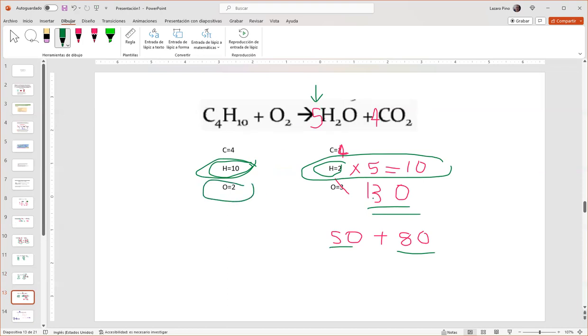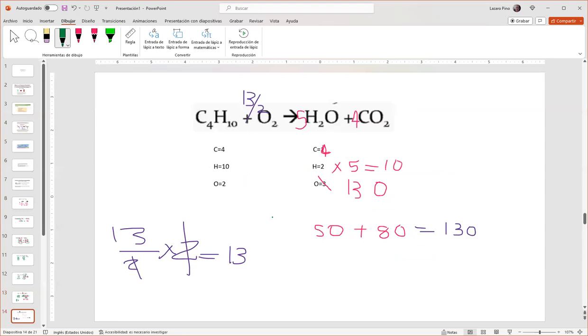Well, this number is a very difficult one because it cannot be divided by 2. So the best we can do in this case is to use a fraction like this. If you multiply 13/2 by 2, what happens? You cancel the 2 and the 2, and you have 13 oxygen here in the front.